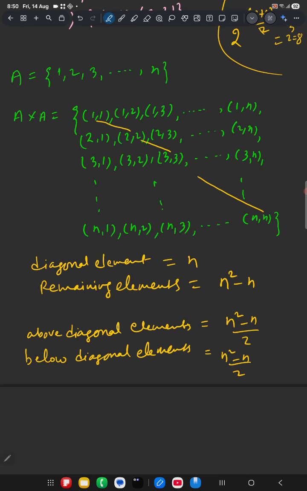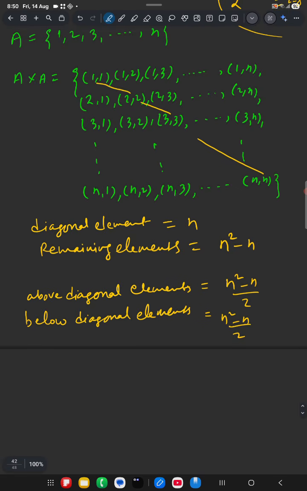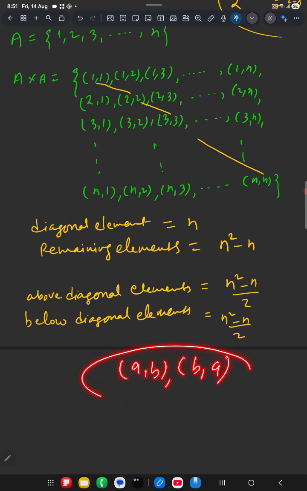What is the benefit of doing this? In case of symmetric relations, why am I taking the half? Because the reason behind that is that AB and BA will be treated as one entity. So how many such pairs are there? Is this clear?